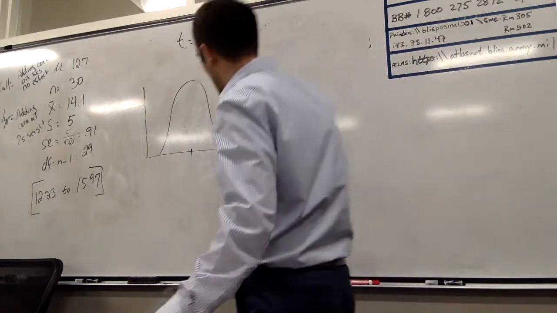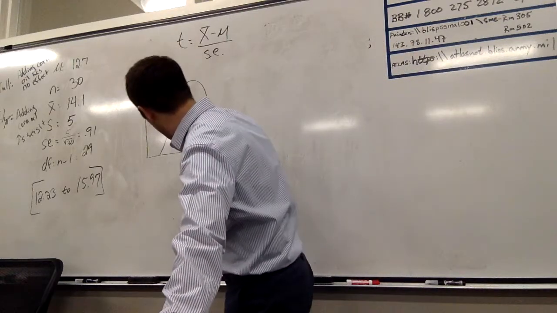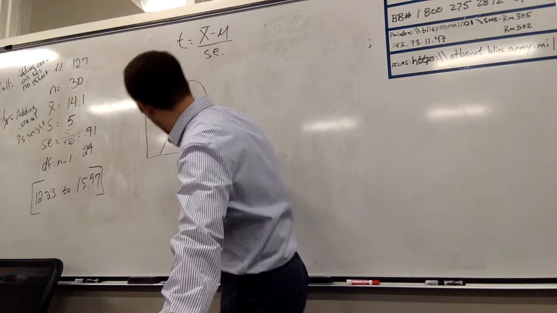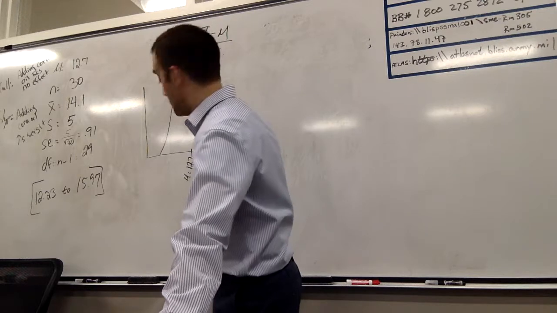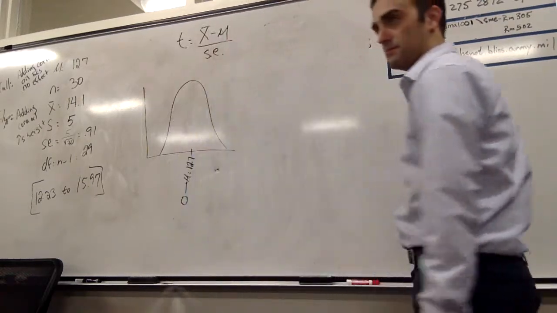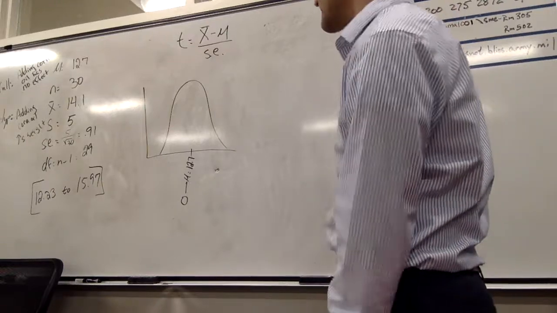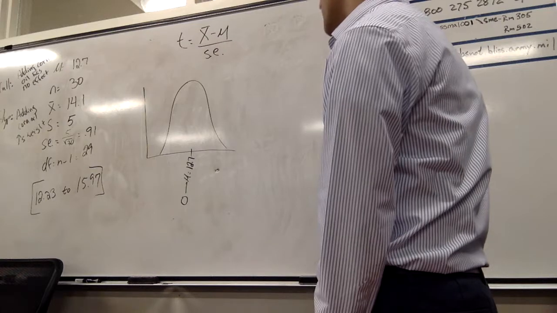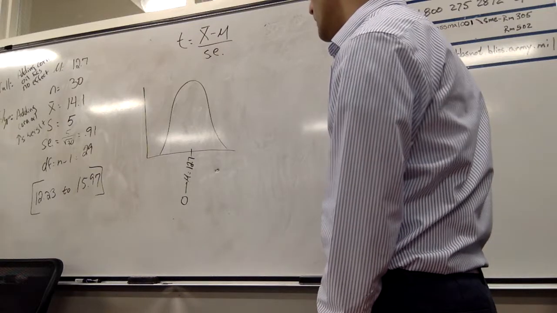You put your comparison figure at the peak, which was 12.7 pounds last year. And that gets normalized down to a 0 t-score slash z-score, because t and z become the same after n gets above 32.